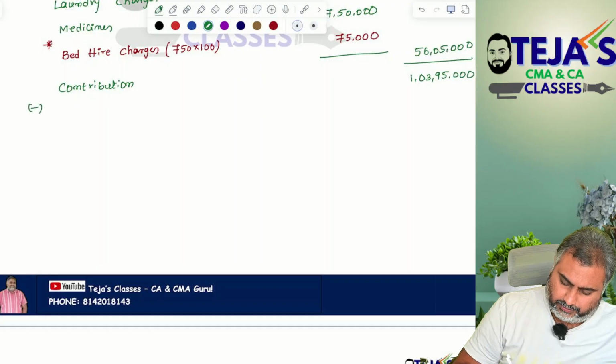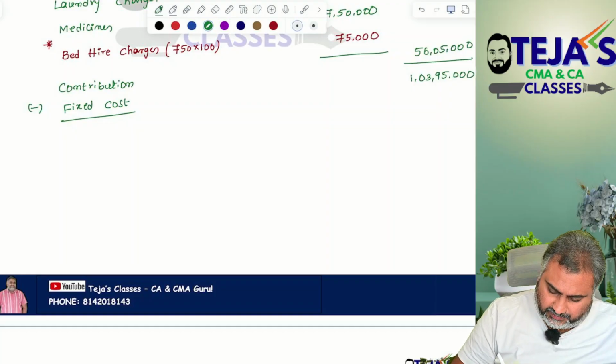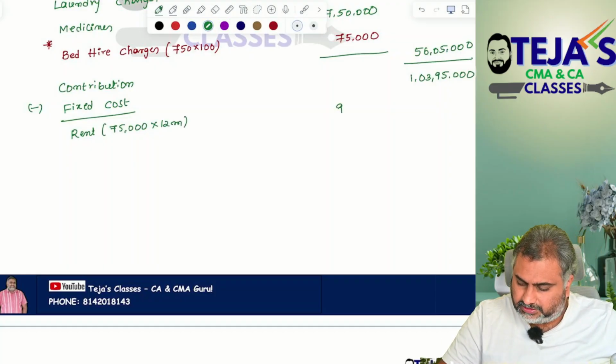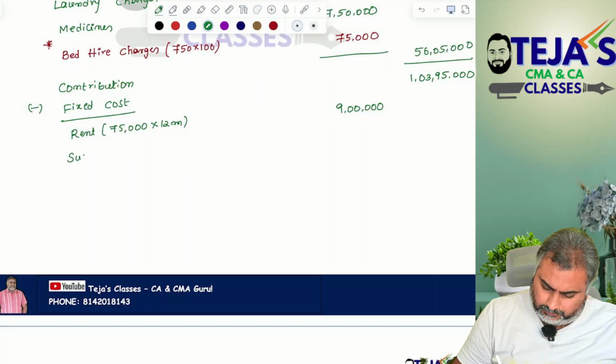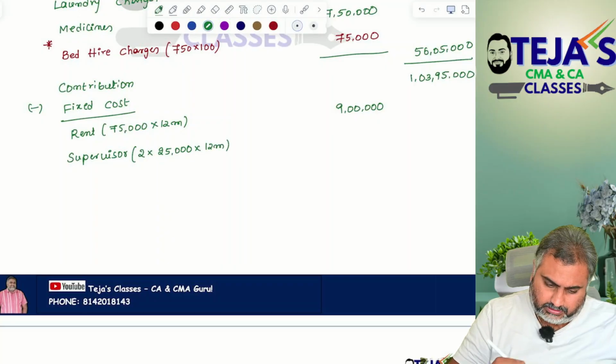From this, what are we supposed to less? Our fixed cost. That is also given in the question. Write down one by one. First start with the rent. How much are we paying? 75,000 per month into 12 months. That is equal to how much? 9 lakhs. Okay. Supervisors, 2 persons, 25,000 into 12 months.